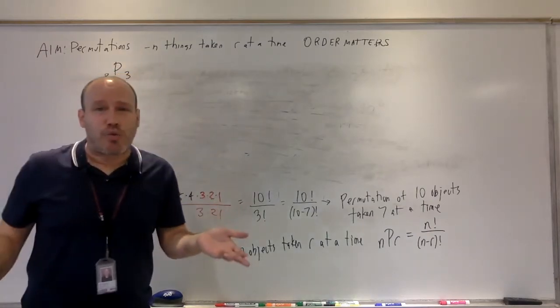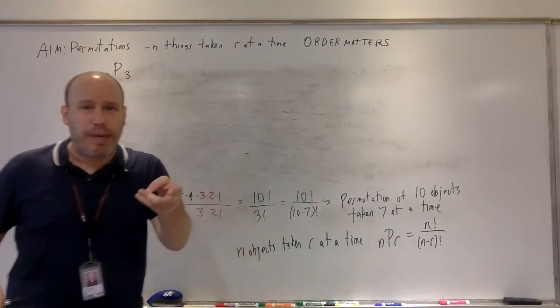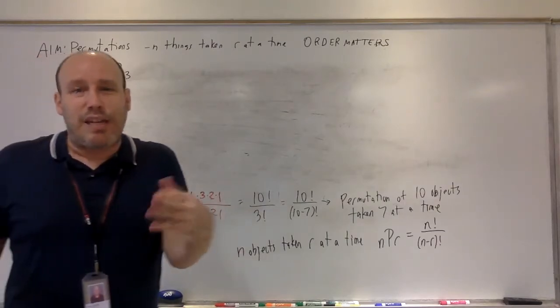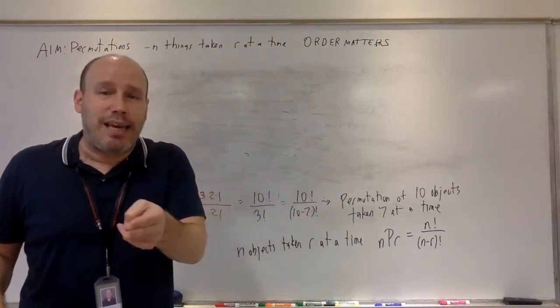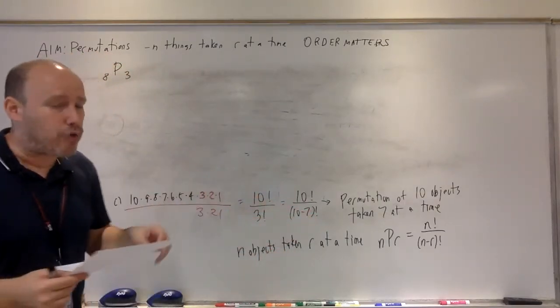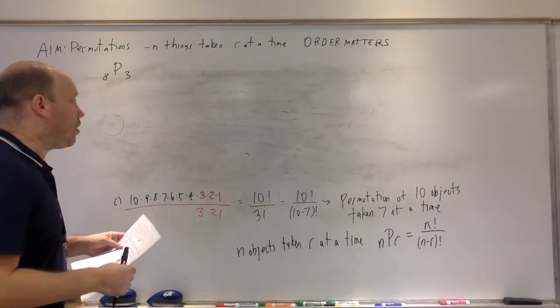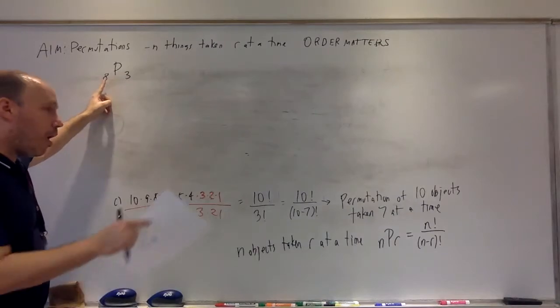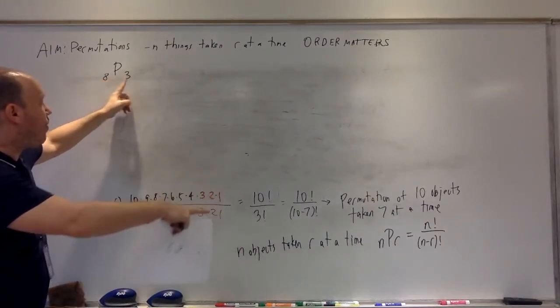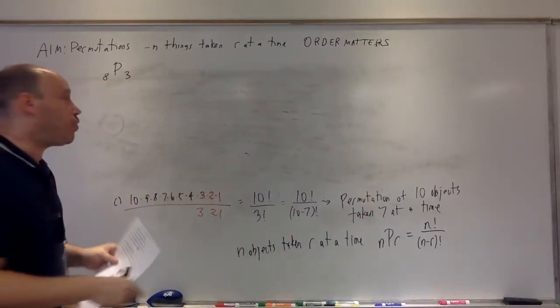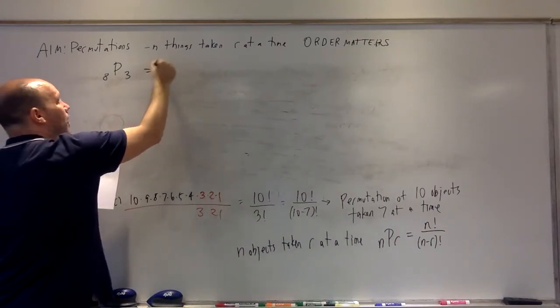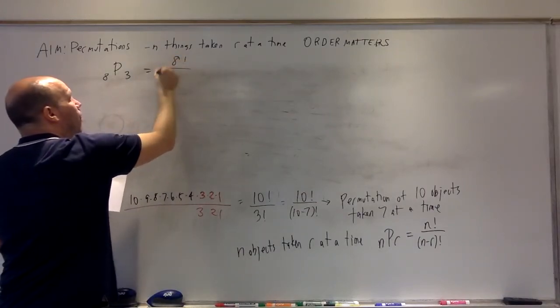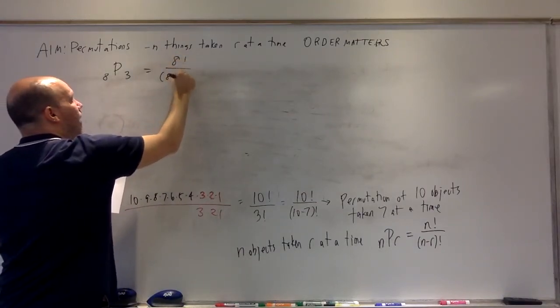Obviously, order matters because horse A, horse B, horse C is a different outcome than B, A, C. So order matters. So you know it's permutations. We have 8 horses, and we're taking them 3 at a time. So you can say 8 factorial over 8 minus 3 factorial.